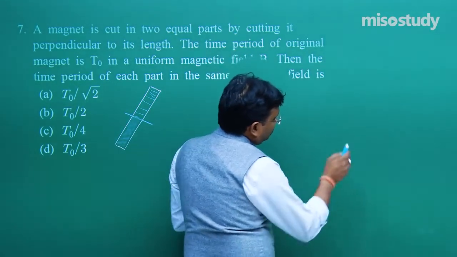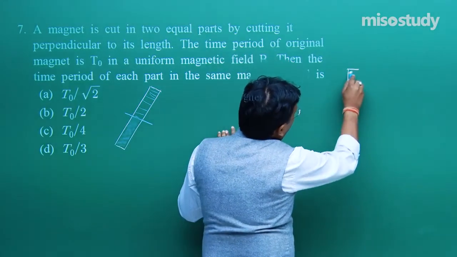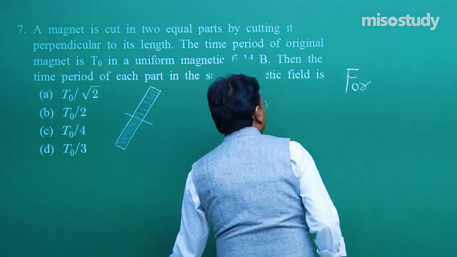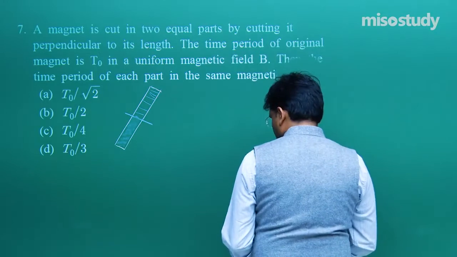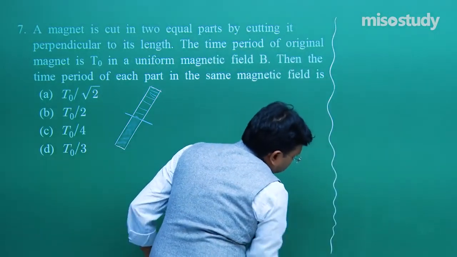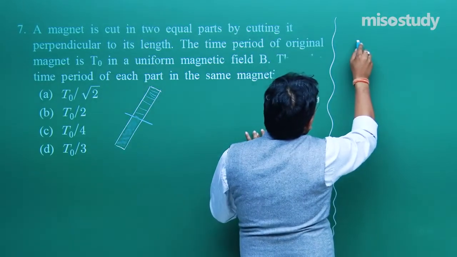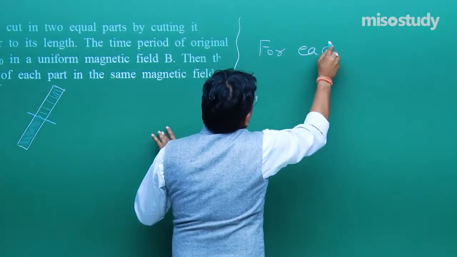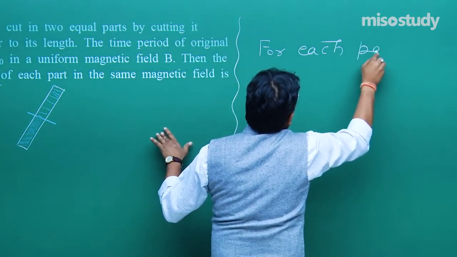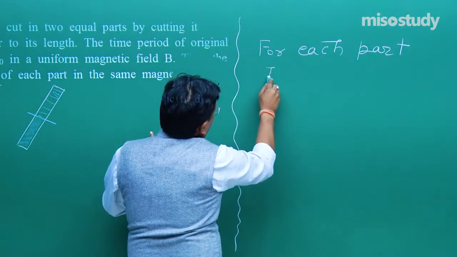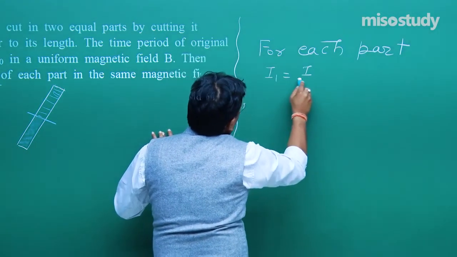So here for each part, I1 is equal to I by 8.